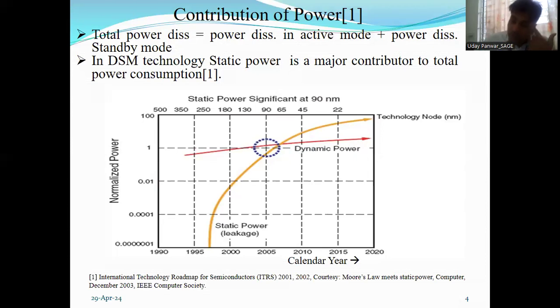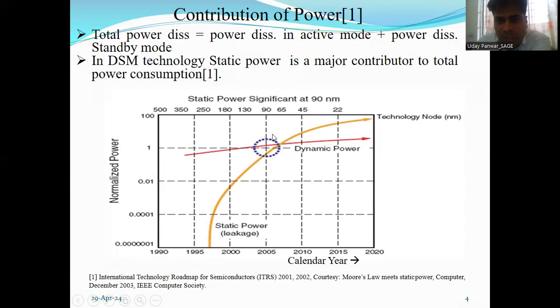During this dynamic mode, the red color line shows it clearly. In the earlier days, from 1995 to 2000 and 2005, this red color line, which shows the dynamic power dissipation, is more dominating over the static power dissipation. We also say leakage power is another name for static power dissipation. The dynamic power is dominating over this leakage power till 90 nanometer technology.